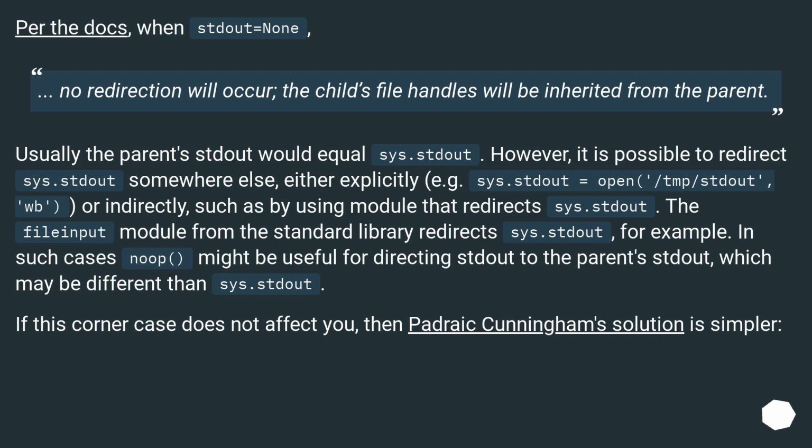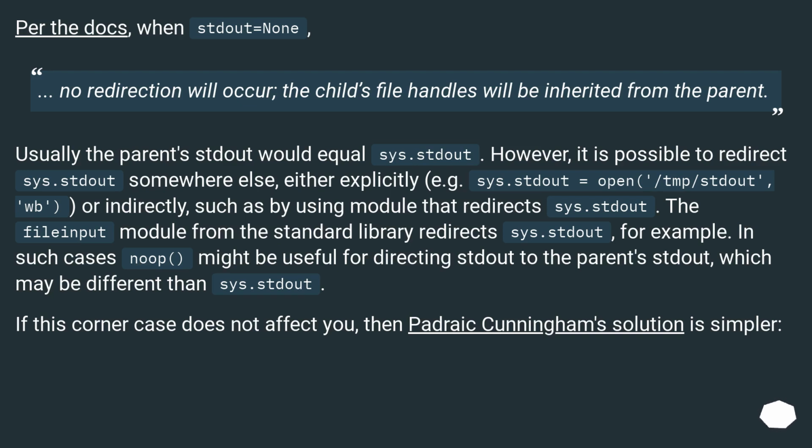Per the docs, when stdout equals None, no redirection will occur, and the child's file handles will be inherited from the parent. Usually the parent stdout would equal sys.stdout. However, it is possible to redirect sys.stdout somewhere else, either explicitly, for example sys.stdout = open('/tmp/stdout', 'wb'), or indirectly, such as by using a module that redirects sys.stdout. The fileinput module from the standard library redirects sys.stdout, for example.